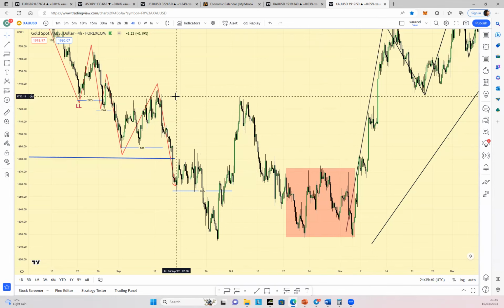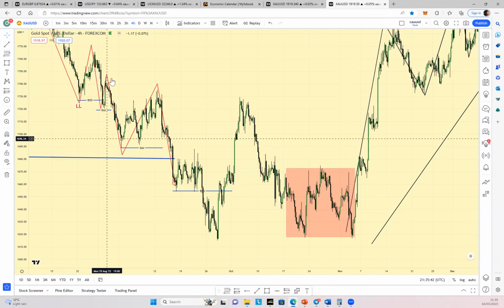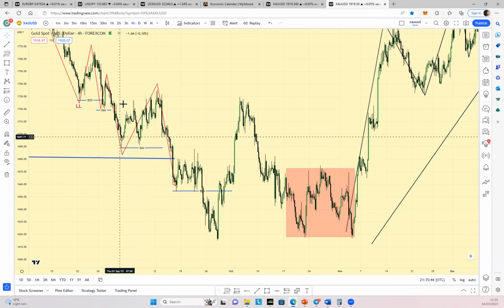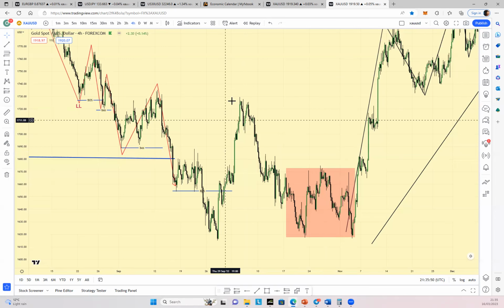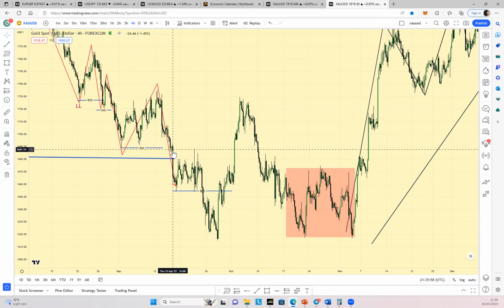So I want you to find areas of downtrends, uptrends, and consolidation in Euro USD using the 4-hour time frame. Does that make sense?